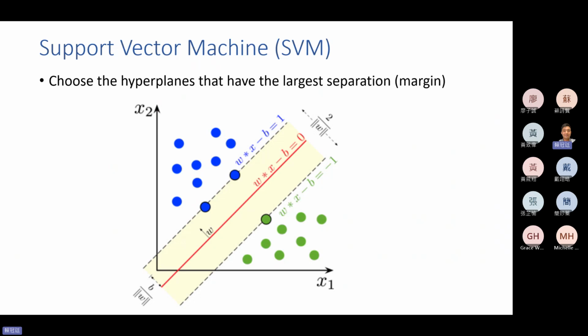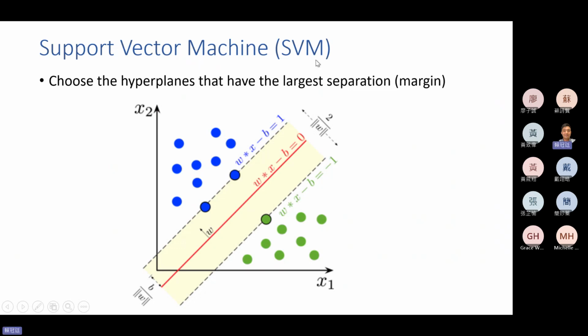Anyway, the perceptron is a simple and useful algorithm, but the performance is not good. And it does not answer the question, which line is the best one to separate the data? Or in other words, which hyperplane? A line is only for a 2D plane, right? For high dimensions, multiple features, we have high dimensional data, then it's called a hyperplane. So which hyperplane has the largest separation?